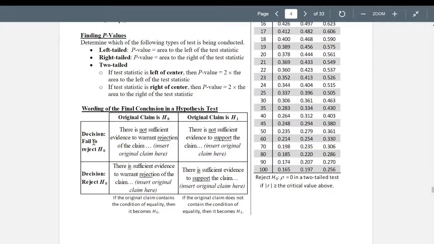We decided not to reject the null hypothesis. So I'm looking at this first row and this second column. Here's the wording that I'm going to use: there is not sufficient evidence to support the claim that the program improves customer service ratings. I'm going to go back to my page and write that out for you.